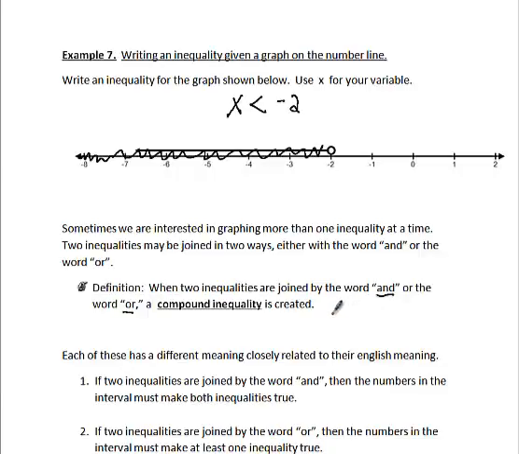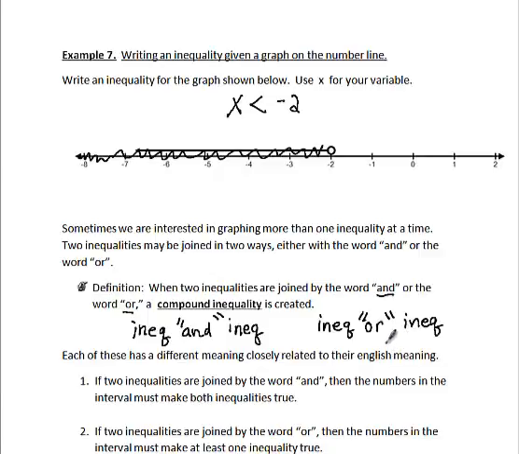We can have an inequality and a second inequality. And then on the other hand, we can have an inequality or a separate one. These words are important to pick out.